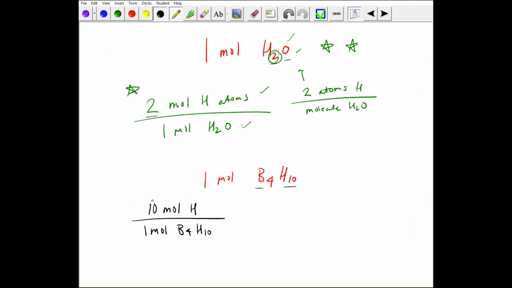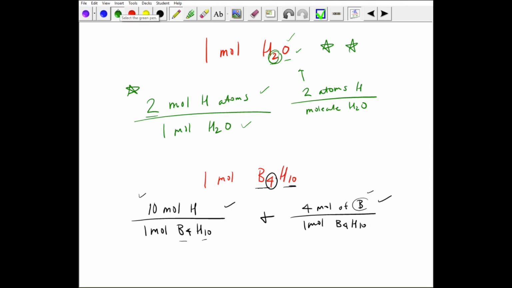So we have 10 moles of hydrogen per 1 mole of B4H10. And then for boron, we can say we have 4 moles of boron per 1 mole of B4H10. Okay, so we can take these subscripts and then write out these different conversion factors.